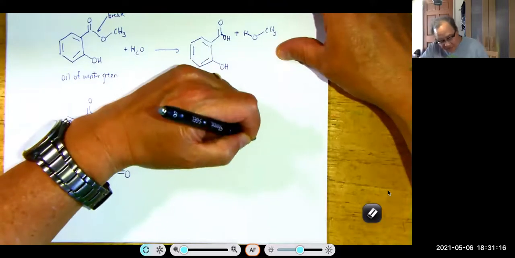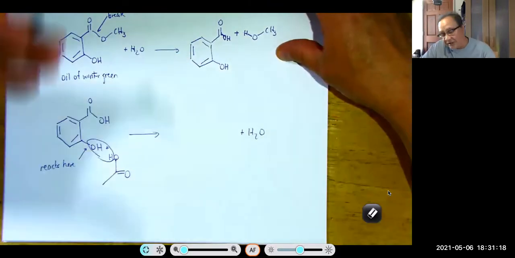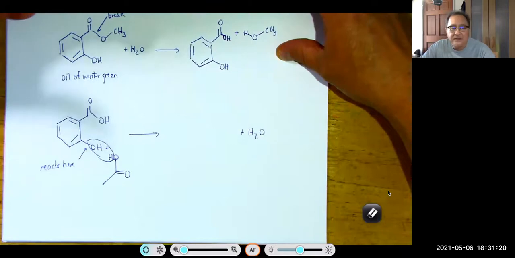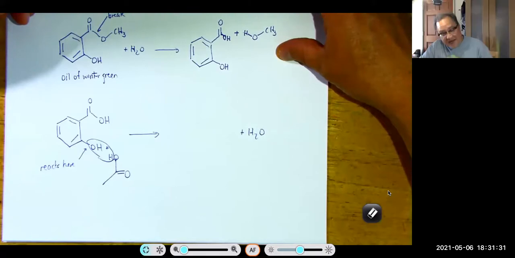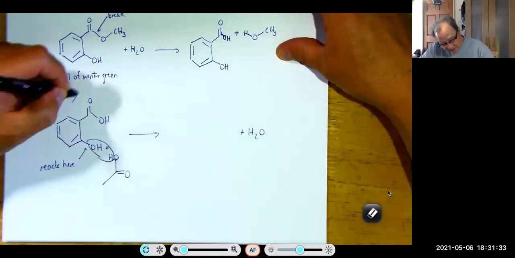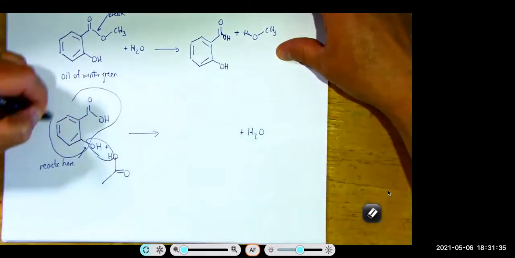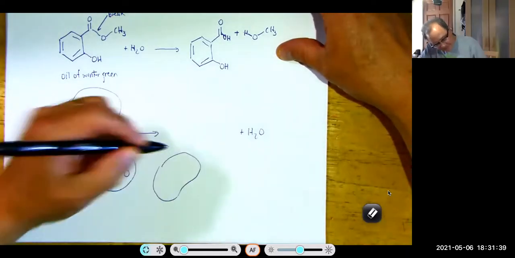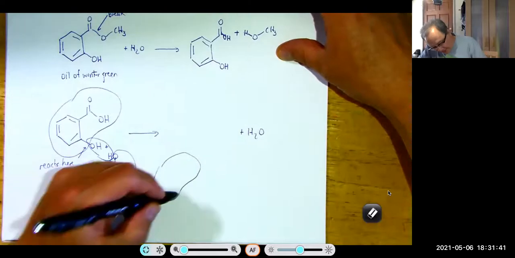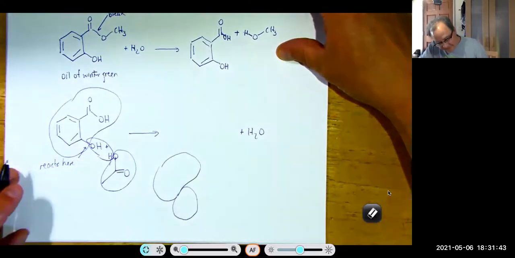Have you ever seen me do that when I'm trying to figure out what the product is? I circle the things that become water. What do I do with the leftovers? Put them on either side. Stick them together, right? So here, you see this little lima bean thing here? I'm going to combine it with that. So it's going to look like this, and it's going to look like that, right?